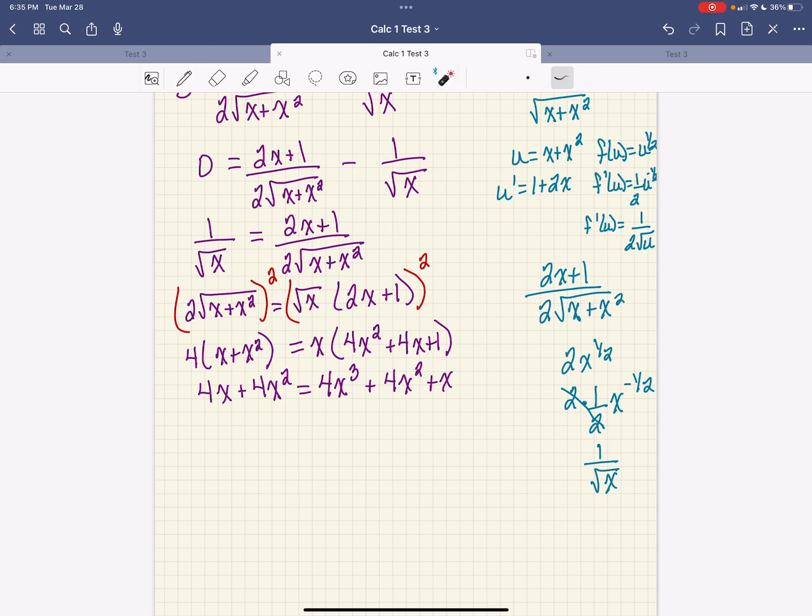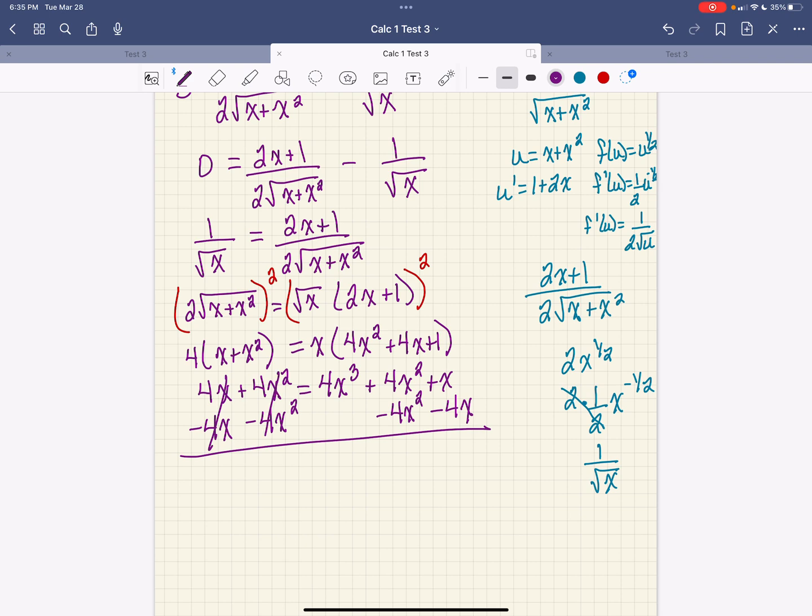We've got multiple powers in here, so I'm going to set it equal to 0 and see if I can factor it. So let's move this 4x squared over, and I'm also moving this 4x. So I'm subtracting 4x squared and I'm subtracting 4x from both sides.